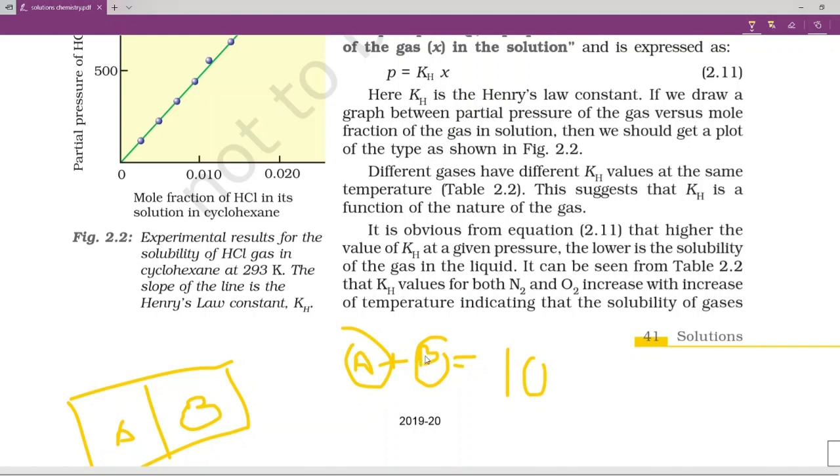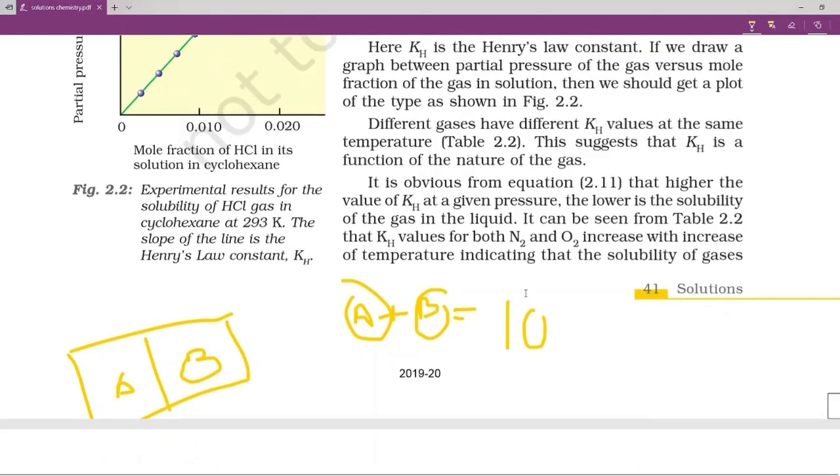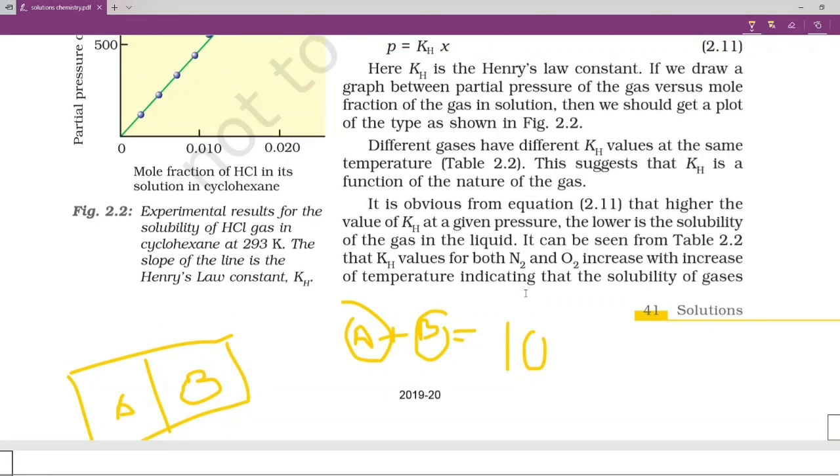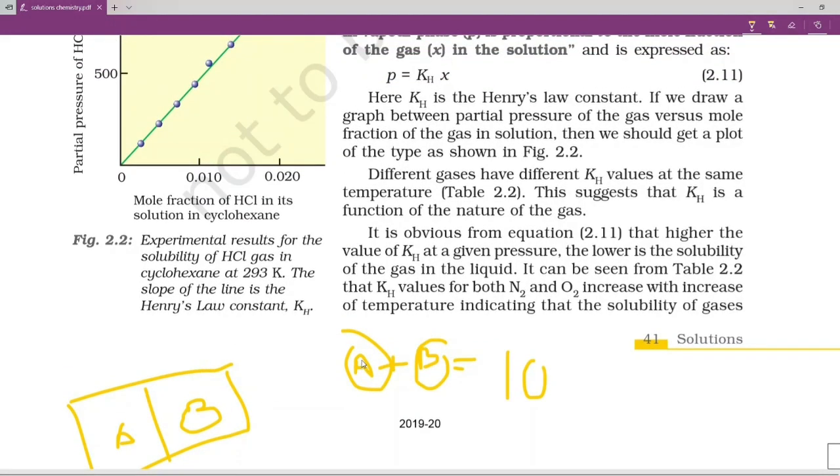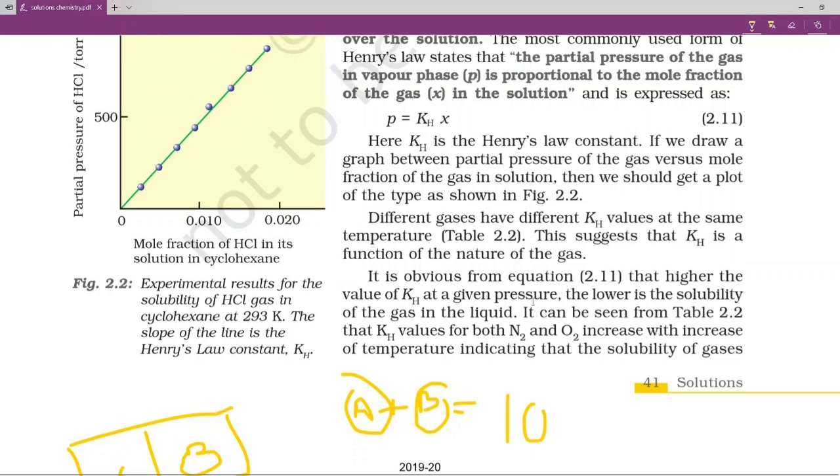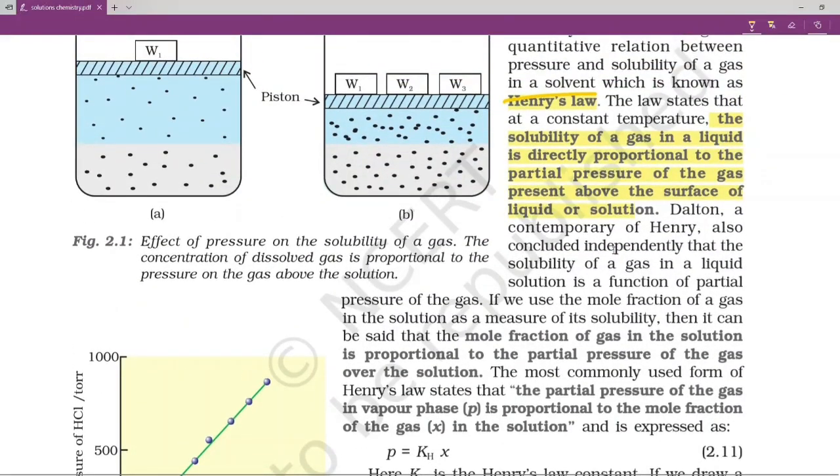The magnitude of partial pressure is obtained by multiplying the mole fraction of A into the total pressure. Similarly, the partial pressure of B is obtained by multiplying the mole fraction of B into the total pressure.